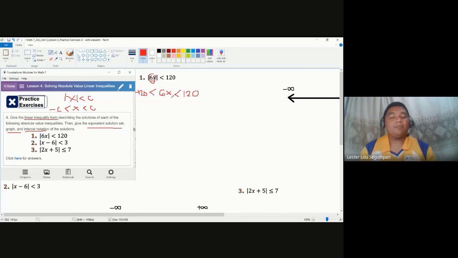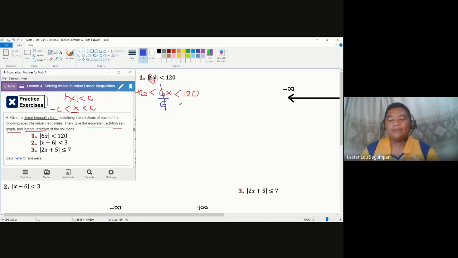But since here our general form should only have x, but we have 6 in the middle, we need to remove the 6. Since 6 and x are under multiplication, let's divide by 6 to cancel that out, making sure that the expression in the middle of our linear inequality form is just x, which would be similar to our general form now.